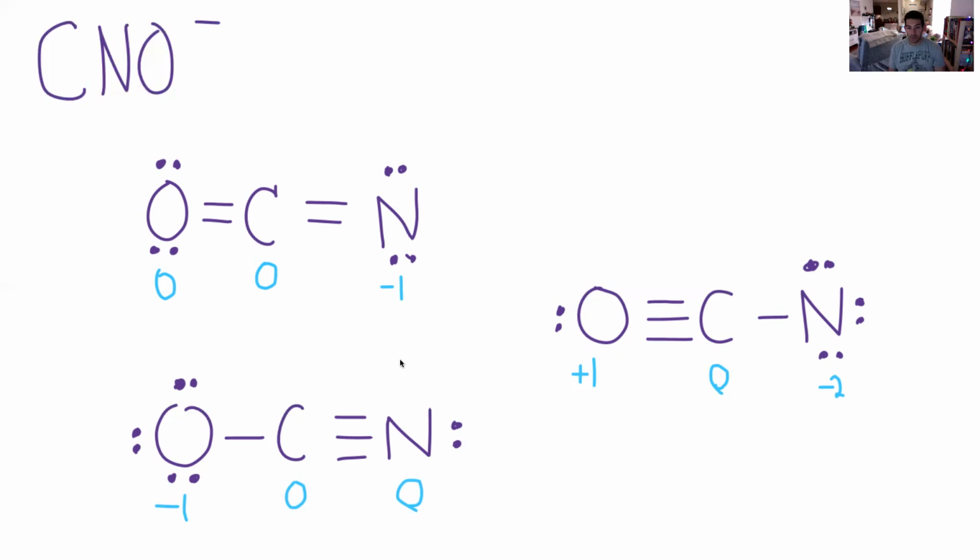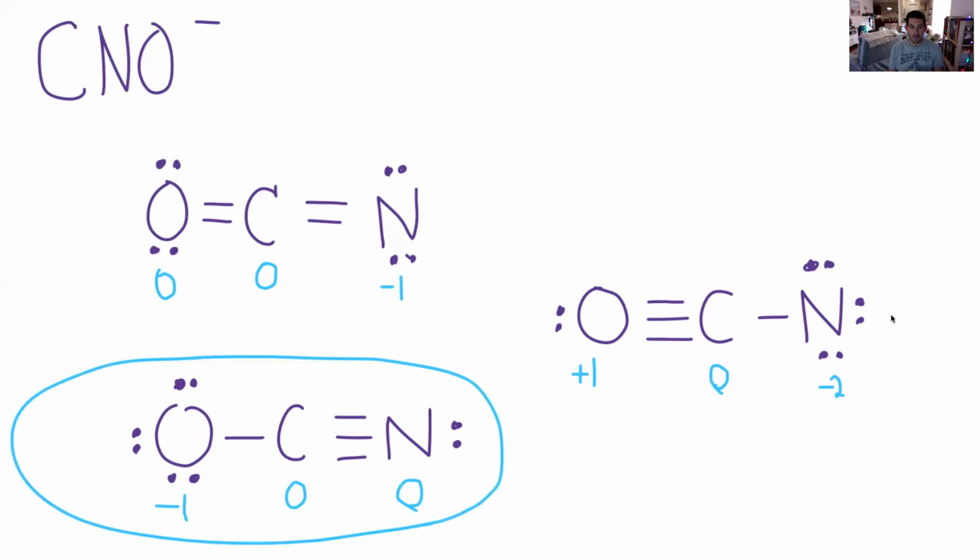So right off the bat, the tool of formal charge helps us to see that this drawing over here, the O triple bond C single bond N, is clearly the worst possible Lewis structure of the 3 we're looking at. And it's actually going to be the oxygen single bonding to carbon and then triple bonding to nitrogen as the most plausible Lewis structure.